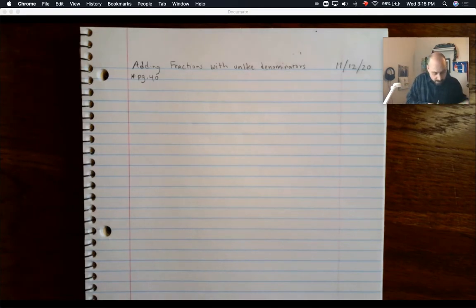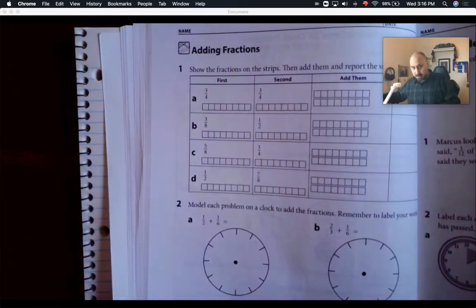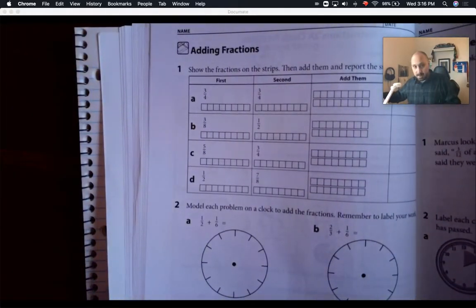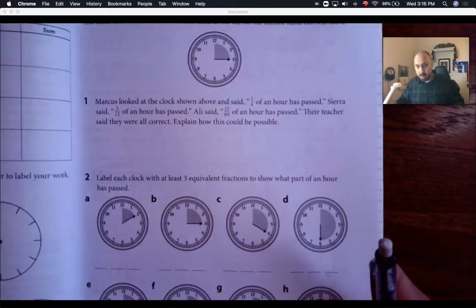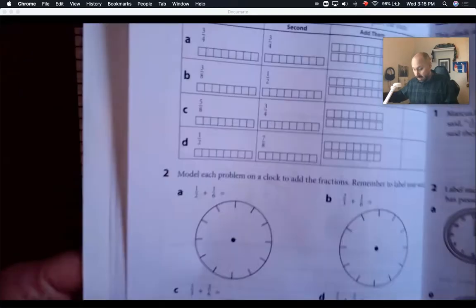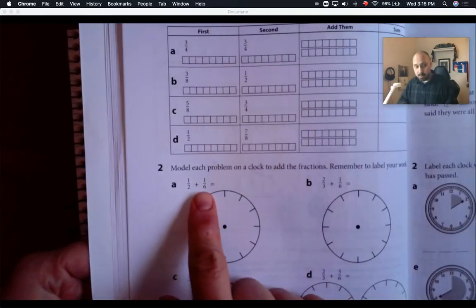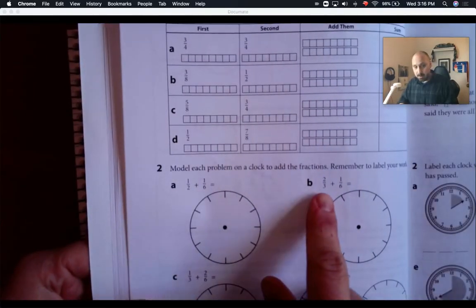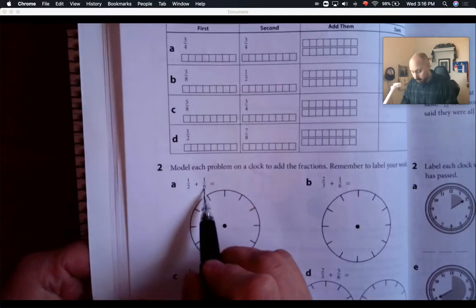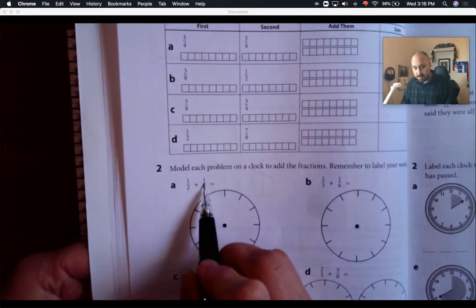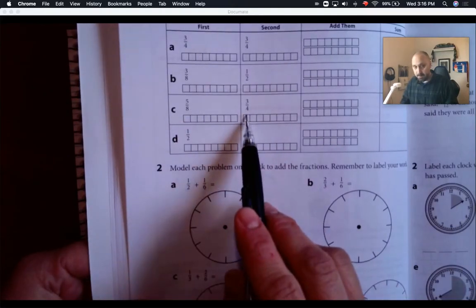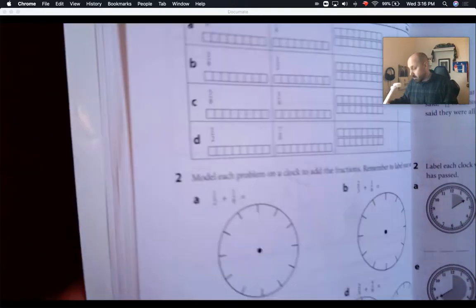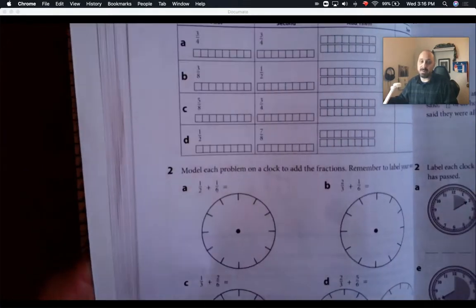On Tuesday, we did page 38, and we did page 39, which was our clock models with different fractions. We also practiced using different numbers at the bottom, 2 and 6, so 1/2 and 1/6. We used the clock model, 5/8 and 3/4. So remember that. We use the pictures to help guide us.